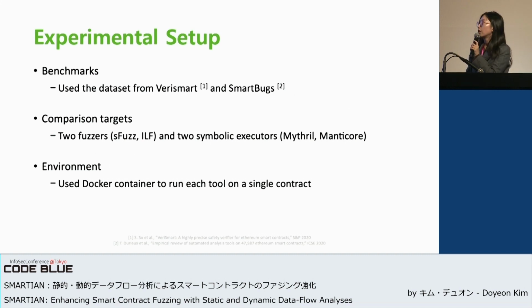To answer these two evaluation questions, we used two benchmarks from previous work. For comparison purposes, we chose two fuzzers and two symbolic executors for smart contracts. And we ran our experiments in a Docker environment to ease their reproduction.